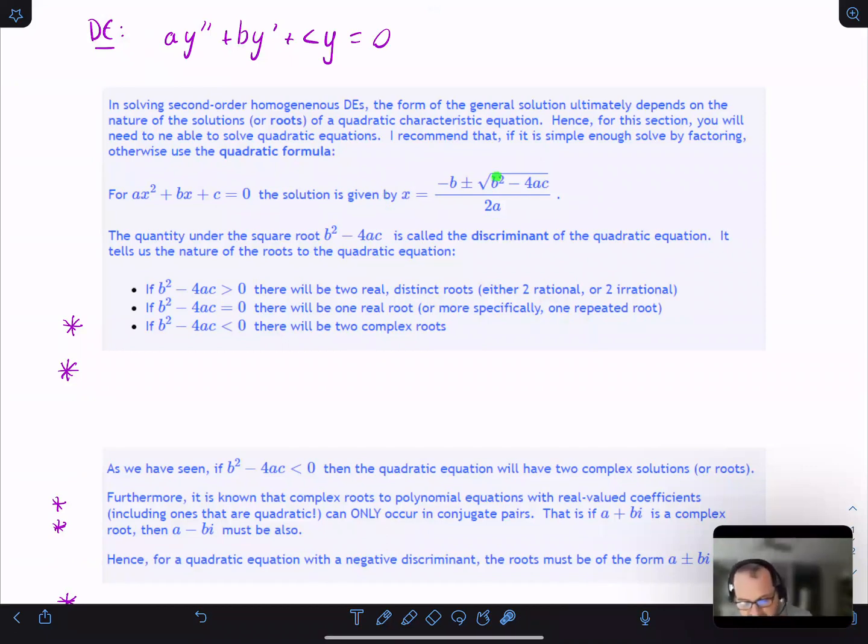So this quantity underneath the square root sign is something called the discriminant. And the nature of the discriminant basically tells you what the situation is in terms of the roots of the characteristic equation. And that is also then subsequently going to tell us the nature of the solutions to the DE.